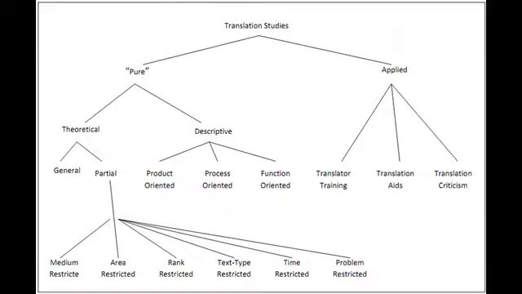The pure translation studies are theoretical and descriptive. The theoretical pure translation studies are divided into general and partial. The partial theoretical pure translation studies is divided into medium restricted, area restricted, rank restricted, text type restricted, time restricted, problem restricted.